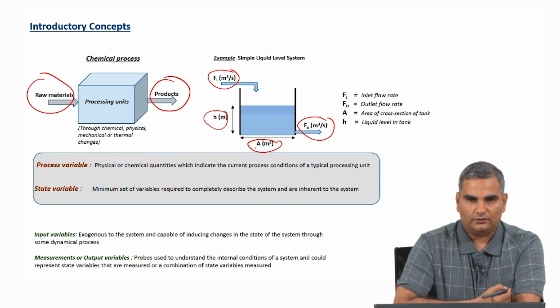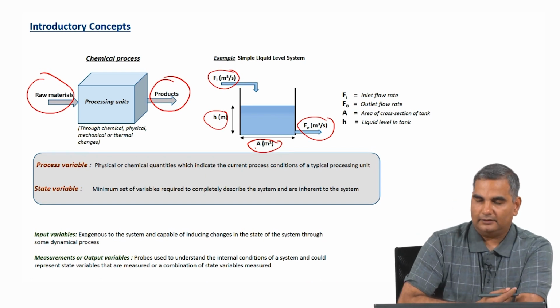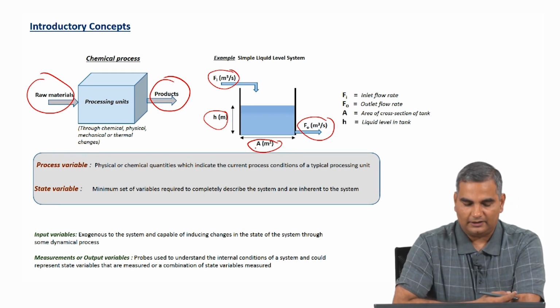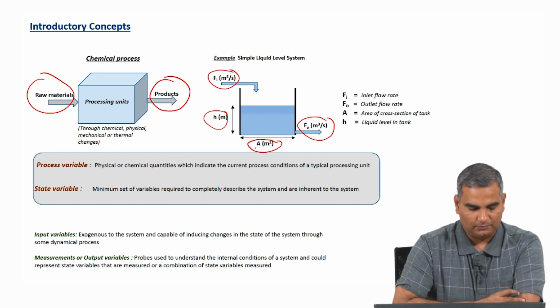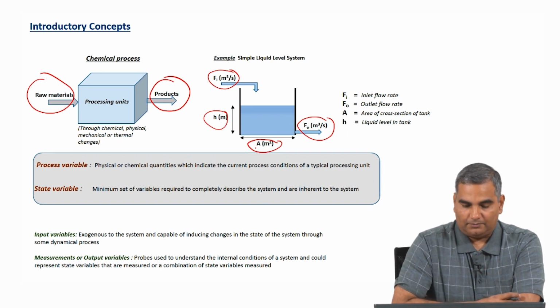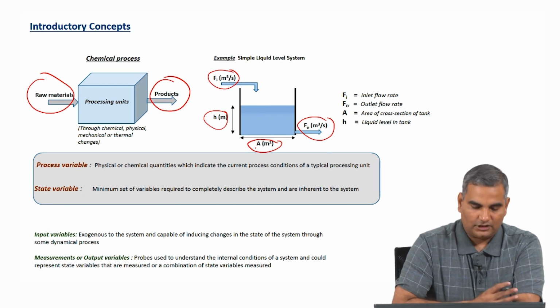So, I am going to define some nomenclature. A process variable indicates the current process condition. In this case, I would say Fi is some process variable, it is a very specific process variable which we will come to later. F0 is a process related variable, H height is a process related variable.